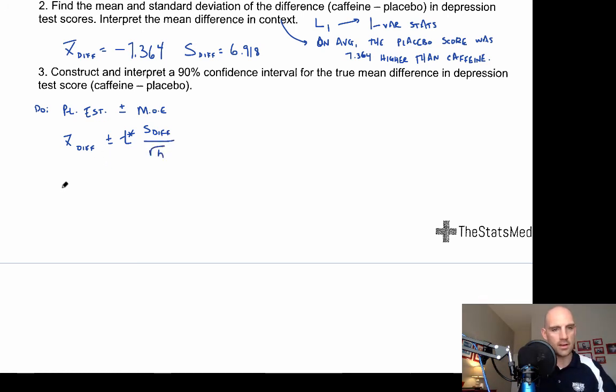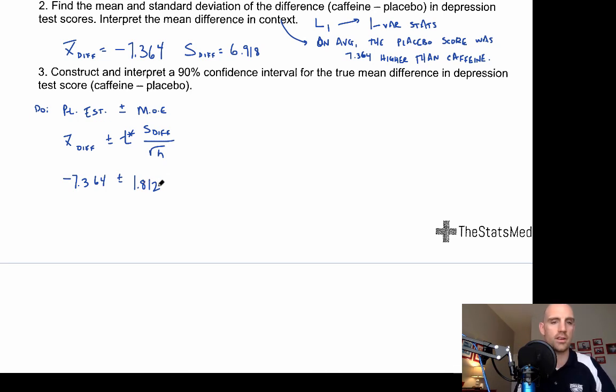And when we actually do that, we have our values here, right? So we have negative 7.364 plus or minus. Now T star, where do we get that? Our T star comes from this 90% confidence interval, and that's going to be 1.812. It comes from our table B, right?